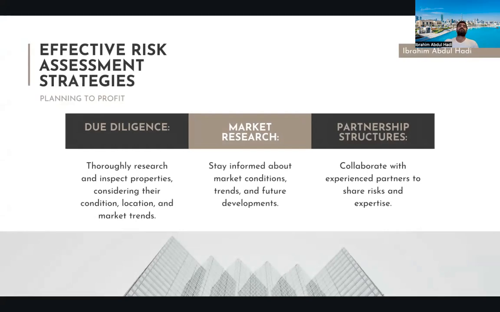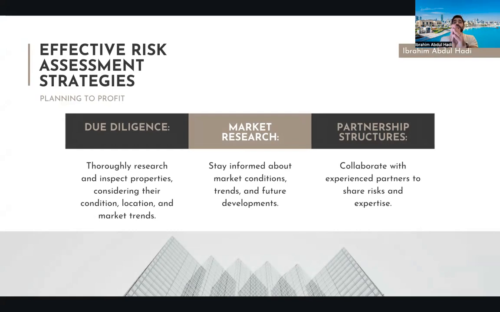So it affects the risk assessment strategy, and we plan always when we invest in property, we aim for profit. So we need to do our due diligence, our market research, and partnership structure.